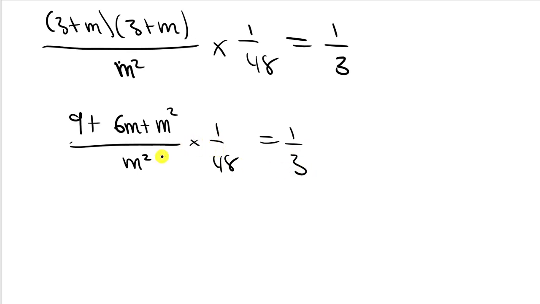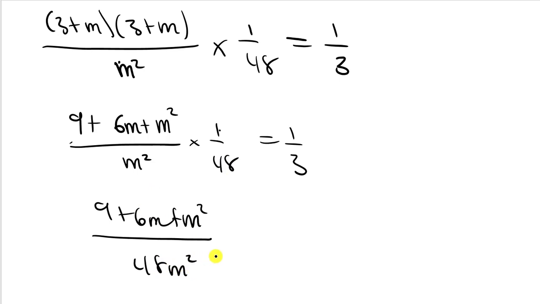From what we are having here, we have two fractions. We can use this one to multiply everything here. So we are going to get 9 plus 6m plus m squared all over m squared times 48. We are going to get 48 m squared being equal to 1 over 3. At this juncture, we are having two fractions, so let's do cross multiplication.